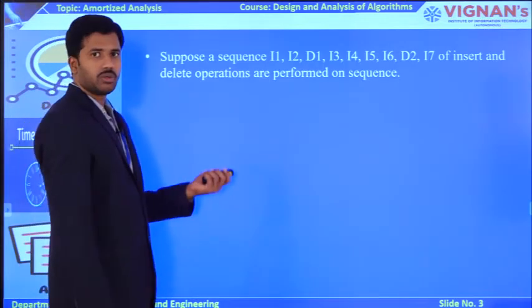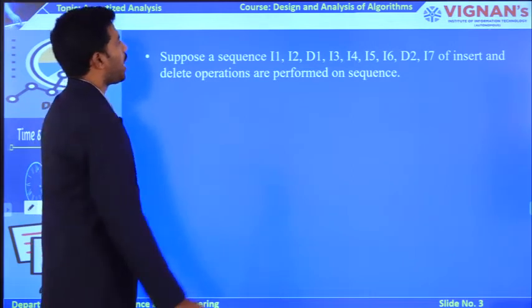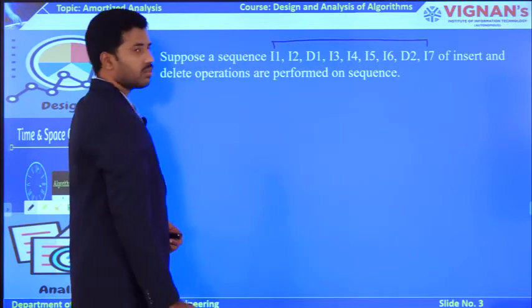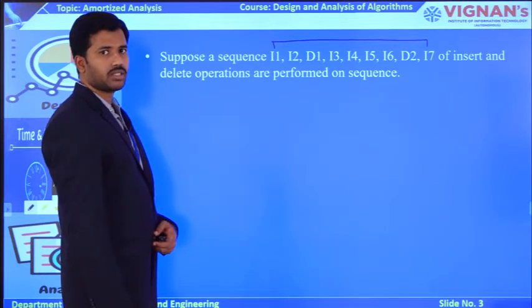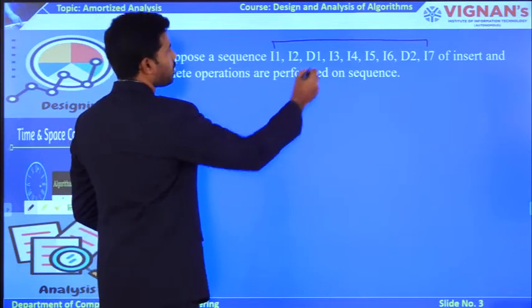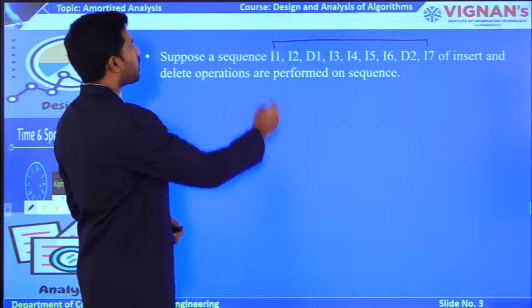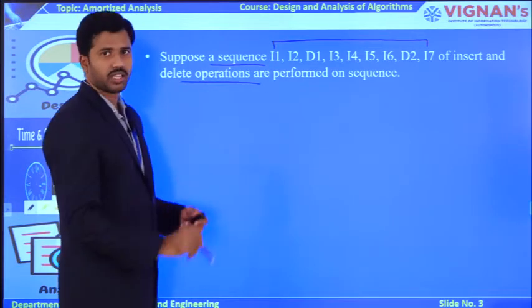Now try to observe this example. Here I am taking a sequence of instructions which contains insertion as well as deletion operations. Assume these sequence of operations are available in one algorithm.